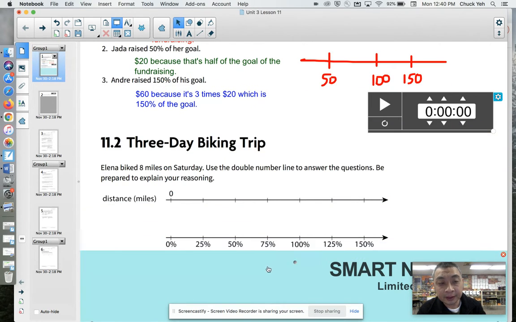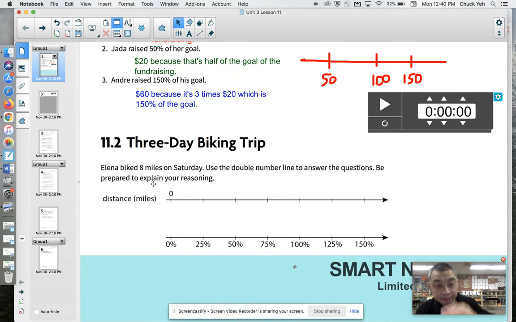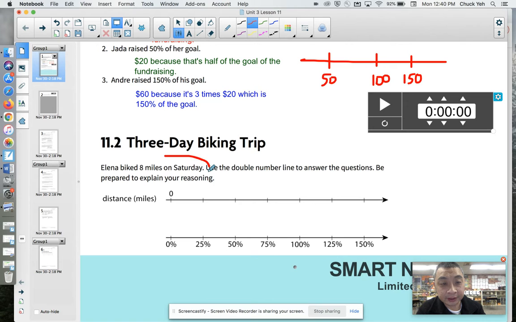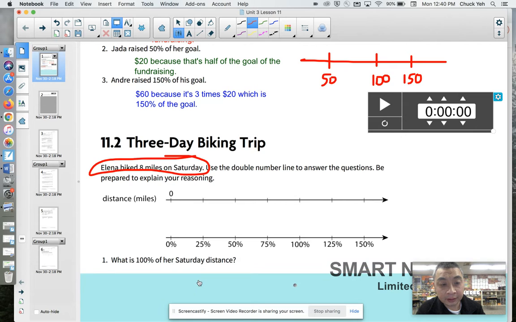11.2. Draw this out. Okay? Draw this out. Elena biked 8 miles on Saturday. So if Elena biked 8 miles on Saturday, what is 100% of her Saturday distance? It would be 8, right?